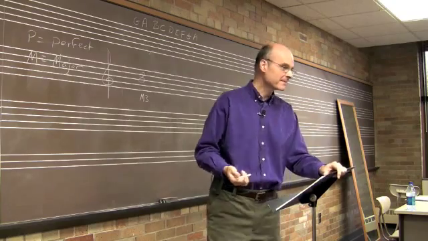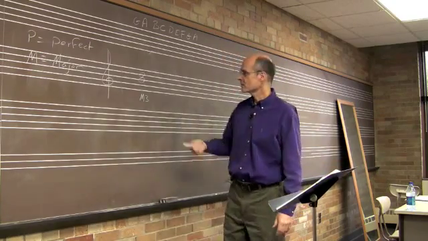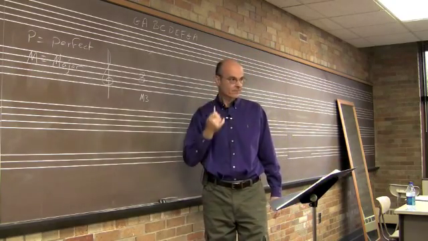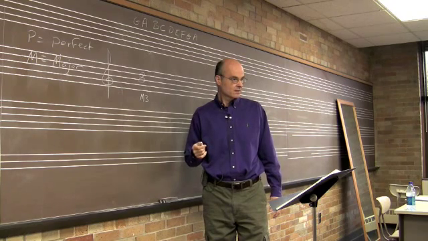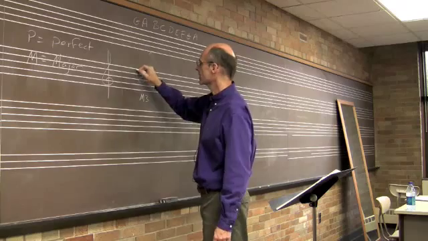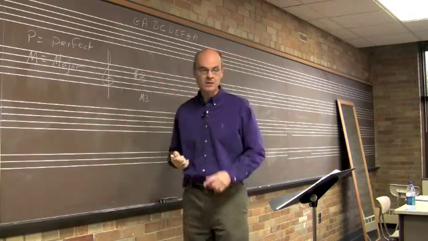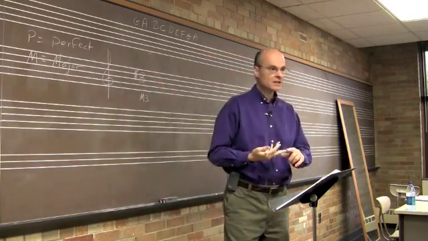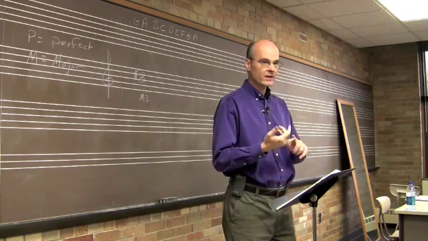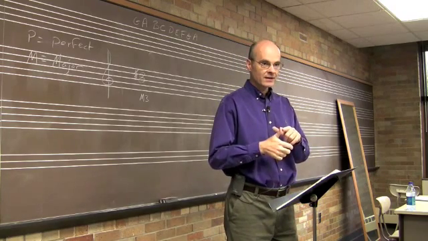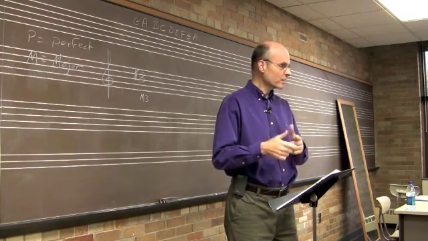So Alyssa, back to you. What's the key signature of B? 5 sharps. So what does that tell us about D? It's going to be sharp. That is sharp, isn't it? So the 5 sharps are F, C, G, D, and A in order. F, C, G, D, and A. And what does it tell me about the last 2 sharps?